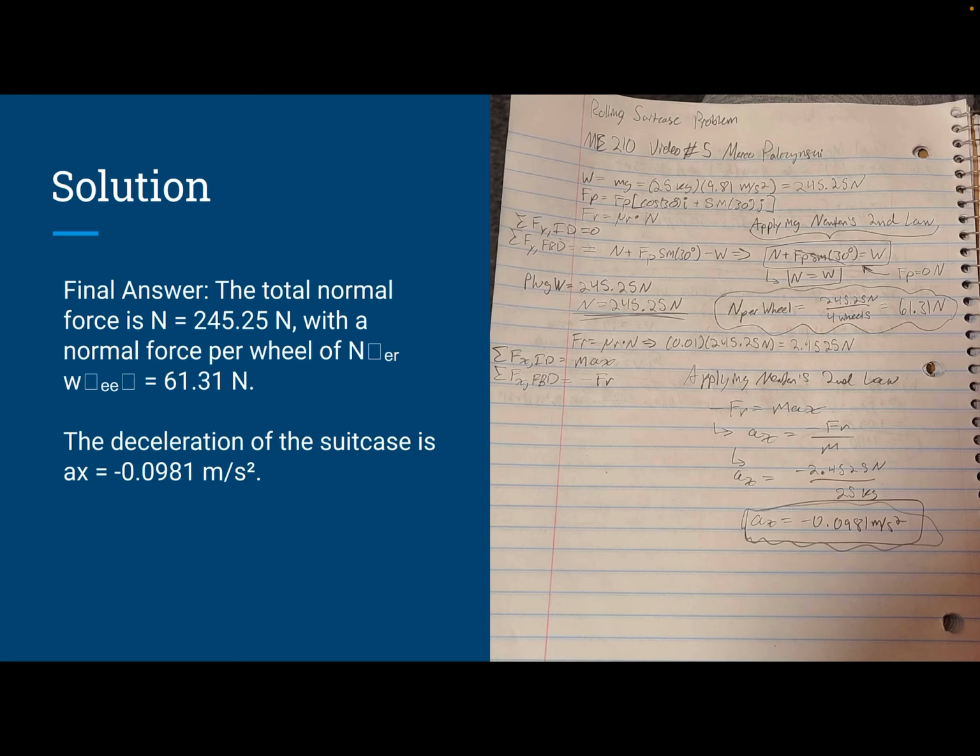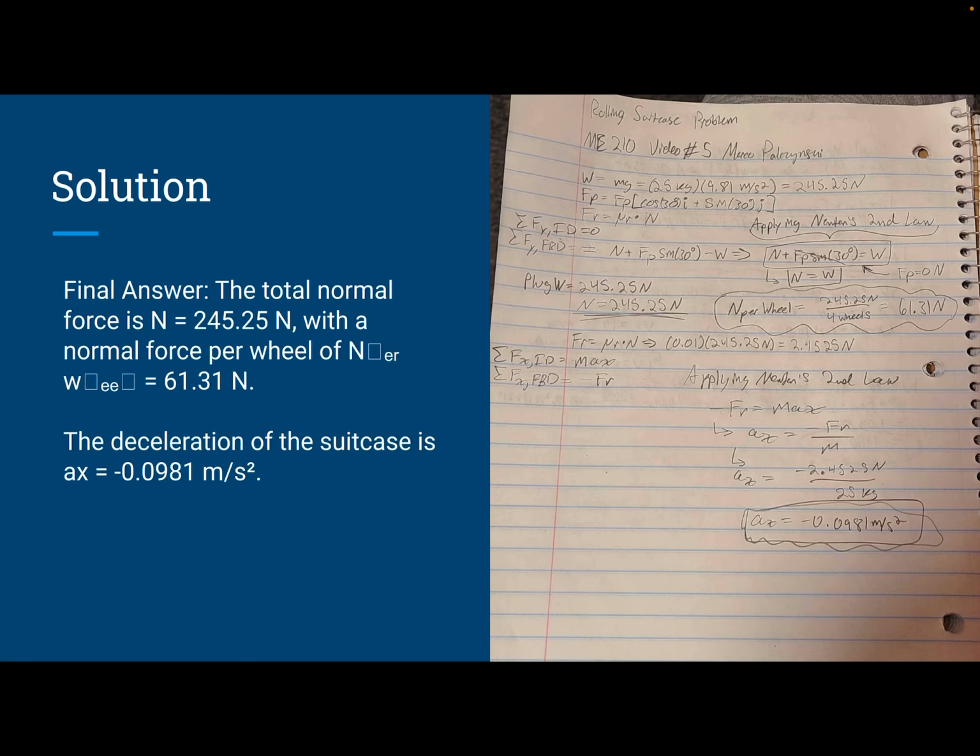Now towards applying our formulas, we can solve for the weight by taking the mass and gravity, which would leave us with 245.25 newtons, and the force of the pull would be Fp times cosine 30 plus sine 30.